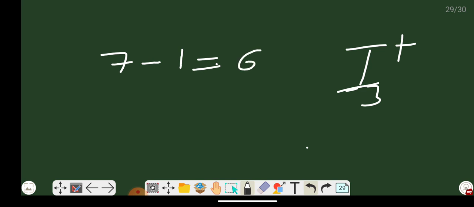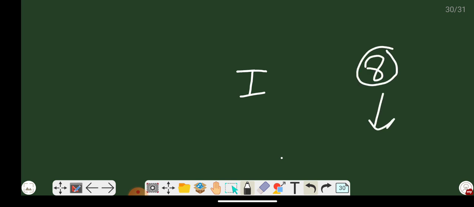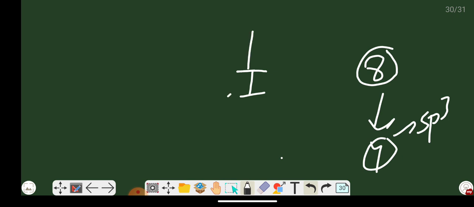So a total of 6 electrons is present. Now, as we know, if we have 8 electrons in the valence shell, then 4 bonds are formed. So with 4 bonds, it is sp3 hybridization and the shape is tetrahedral.